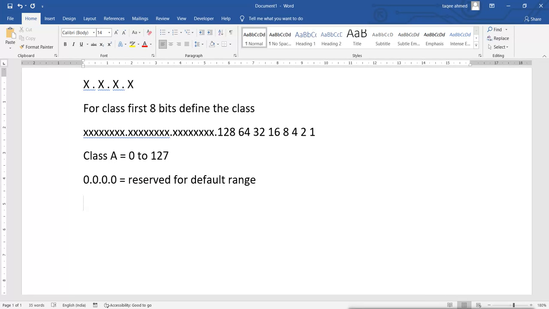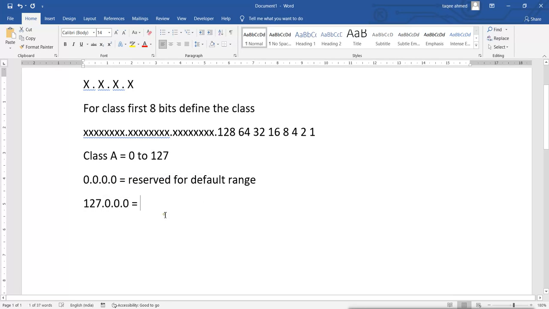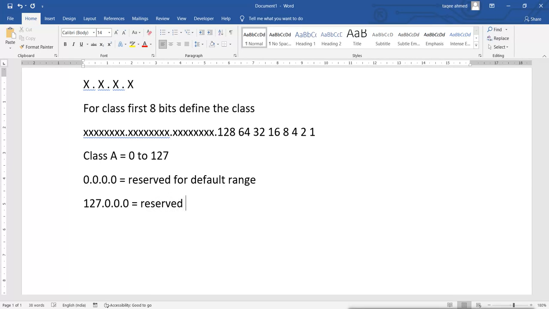Now one more range we can't use in class A, that is 127. Now 127 means when the IP starts from 127 of class A. So when you have 127 in the network part, then you cannot use it. It is reserved for loopback.